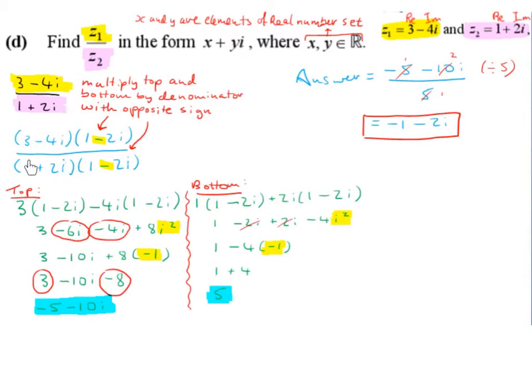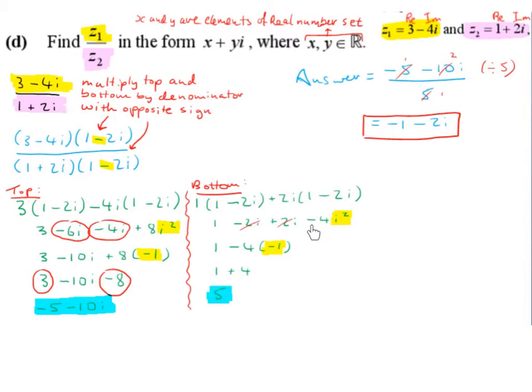Now we're going to multiply out the denominator. So 1 plus 2i multiplied by 1 minus 2i. So again, we break up this first bracket, we bring down the 1, we stick on the second bracket, we bring down the plus 2i, and stick on the second bracket. 1 by 1 is 1, 1 by minus 2i is minus 2i, plus 2i by 1 is plus 2i, plus 2i by minus 2i is minus 4i squared.